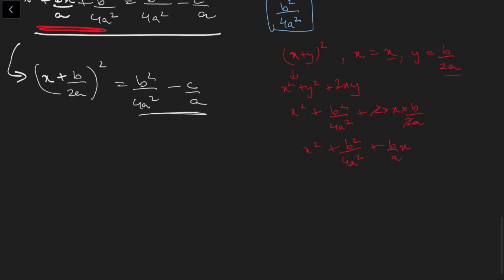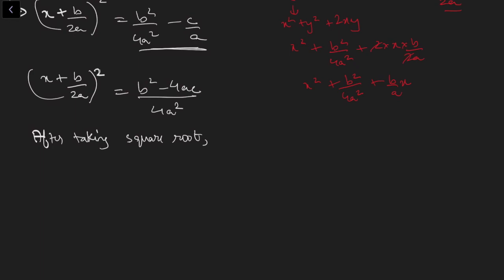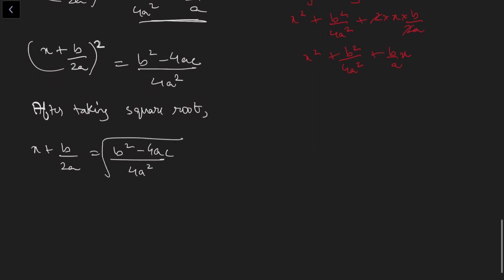Now let's take LCM on this side. You'll get x plus b by 2a the whole square is equal to b square minus 4ac the whole divided by 4a square. Now when you take this square to the other side, so let's say after taking square root, x plus b by 2a will be equal to b square minus 4ac the whole divided by 4a square, and the whole taken as root.